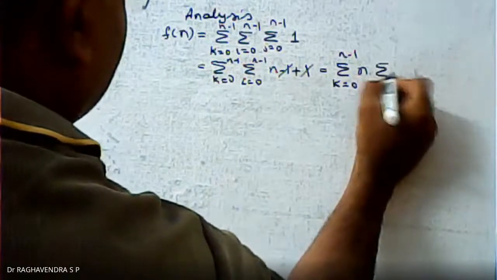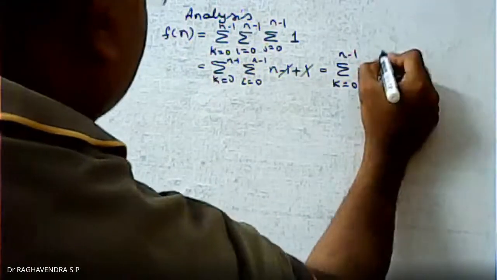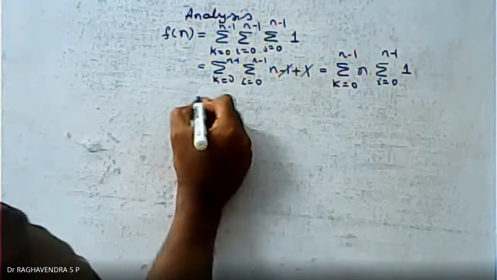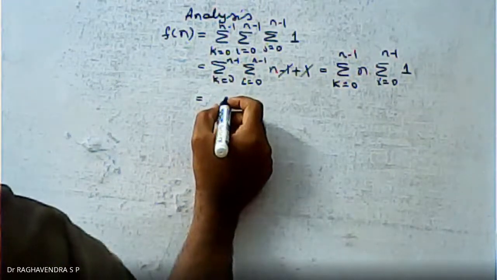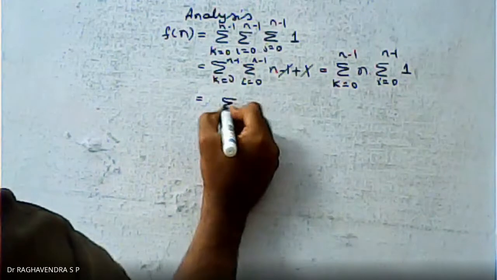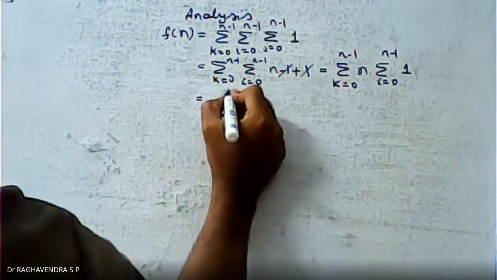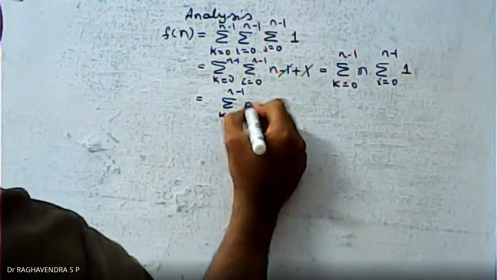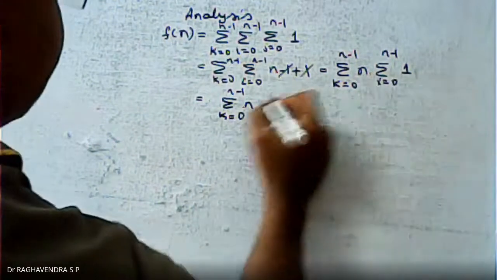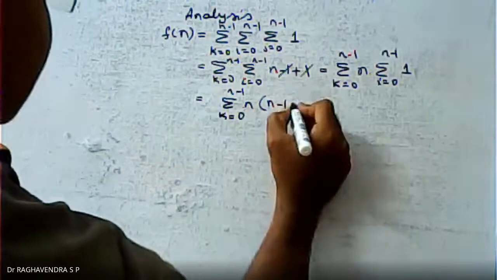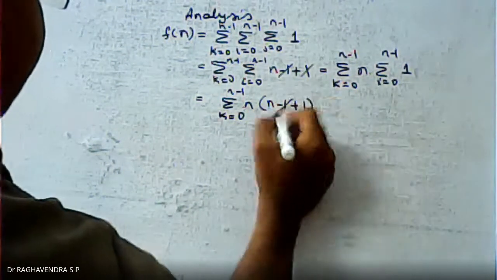If you take n outside, summation I is equals to 0 to n minus 1 of 1 becomes n. So then summation k is equals to 0 to n minus 1 of n. If we substitute this, n minus 1 plus 1 comes, and minus 1 plus 1 cancels again.